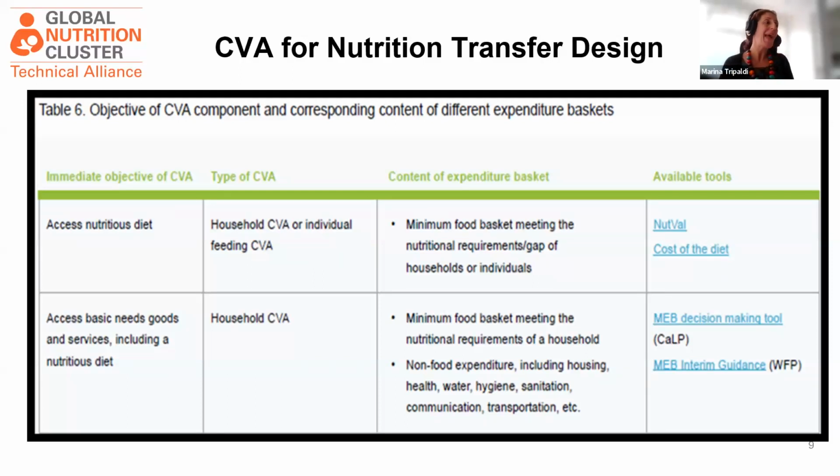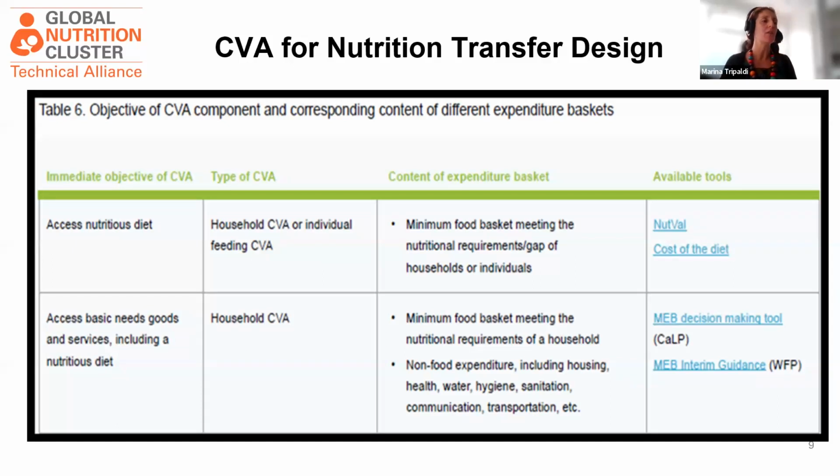So the way this transfer value is calculated should take in consideration a minimum food basket that is meeting the nutritional requirement exactly, as we see in the first objective. And these individuals are the individuals at risk, pregnant and breastfeeding women and children under 2 or children under 5, but can also include non-food expenditures that are extremely relevant to nutrition, like health, water, hygiene, sanitation.